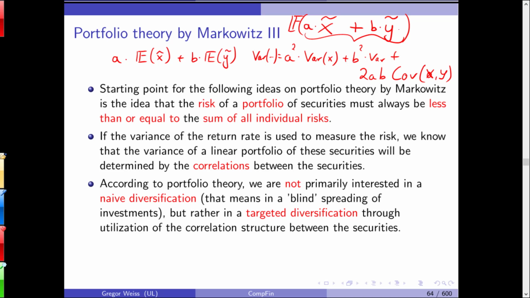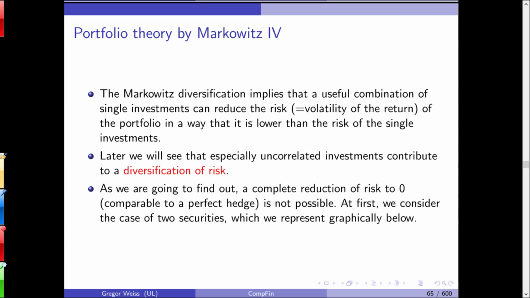So according to portfolio theory, we're not primarily interested in naive diversification, but we are interested in exploiting this correlation structure between X and Y in such a way that we can get an even higher diversification effect than simply dividing our investment sum into n parts. So this is a targeted diversification we are after, and this is what the Markowitz portfolio theory gives us.